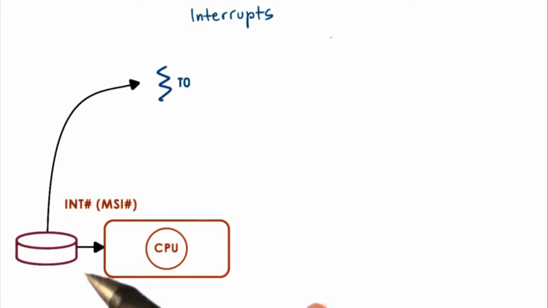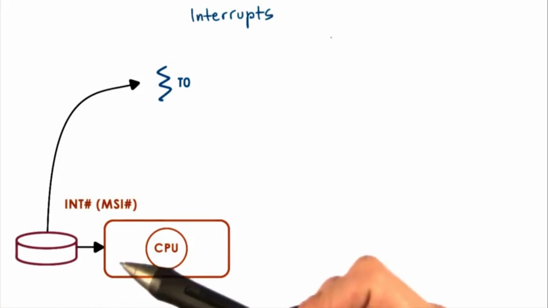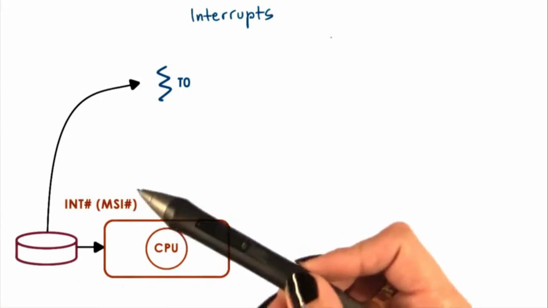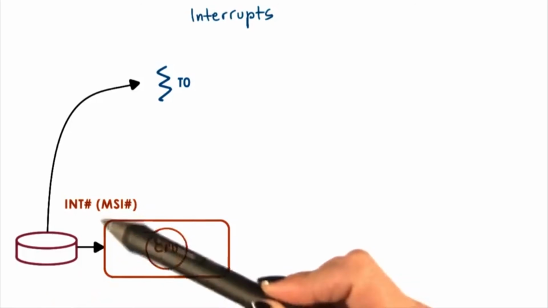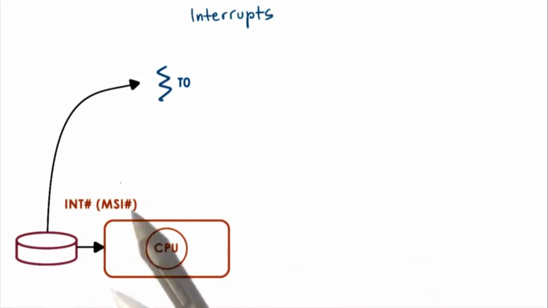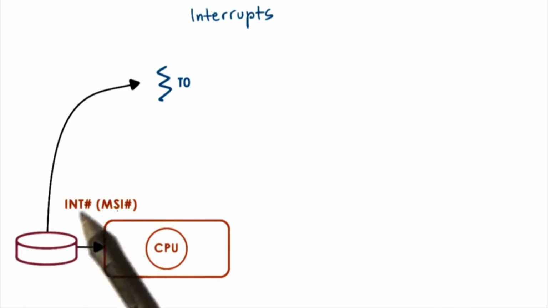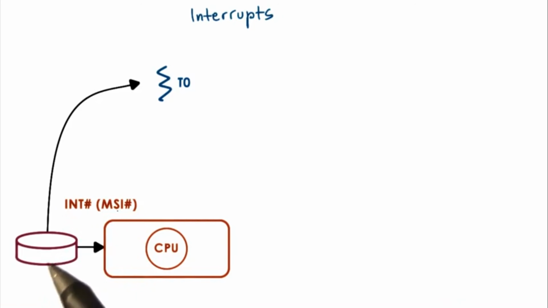In the past, for this, we used dedicated wires, but in most modern devices, there's a special message called Message Signaled Interrupt, or MSI, that can be carried on the same interconnect that connects the devices to the CPU complex, so PCI Express, for instance. Based on the pins where the interrupt occurs, or based on the MSI message, the interrupt can be uniquely identified, so we know based on this information exactly which one of the devices generated the interrupt.